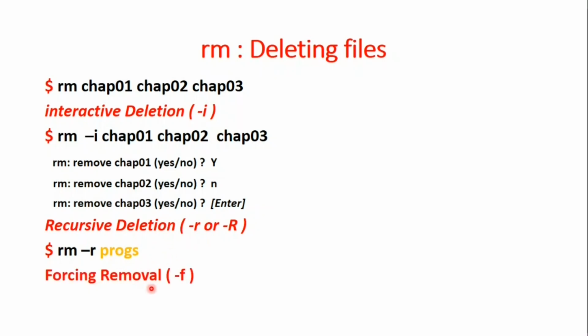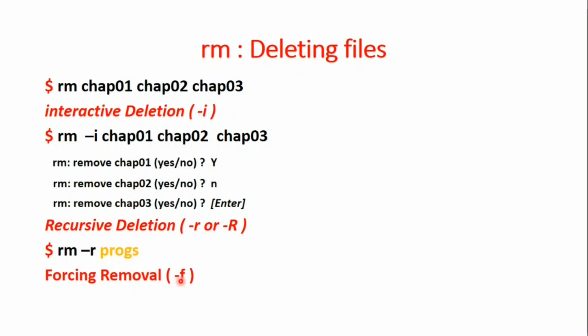Forceful removal. The rm command with -r can be made more effective by making use of the option -f. So what is forceful removal? Some of the files in the directory structure will have a protection, that is a write protection. If the file has a write protection, then it cannot be removed by making use of the rm command.